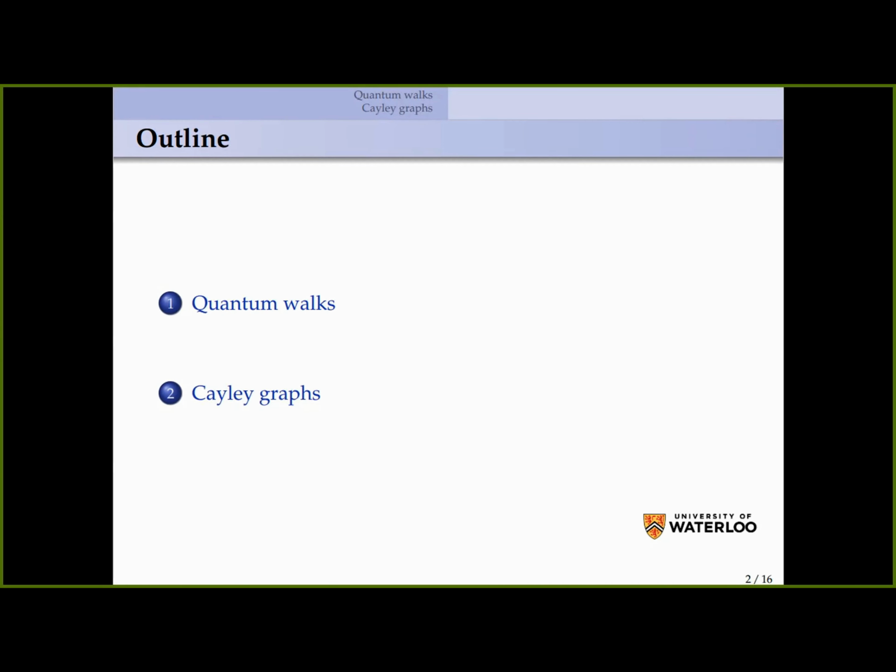And then I'm going to end with stating and proving a theorem about quantum walks on Cayley graphs. What I want to do with this talk is to show you why studying quantum walks on Cayley graphs specifically is just fun and cute.